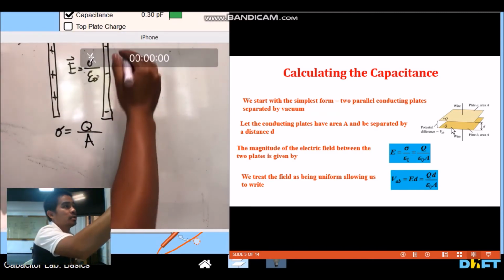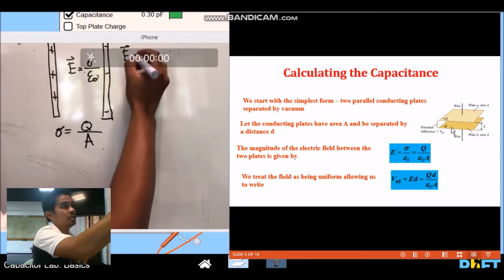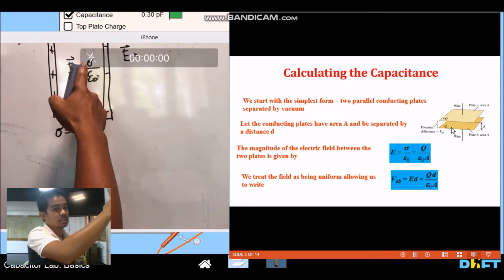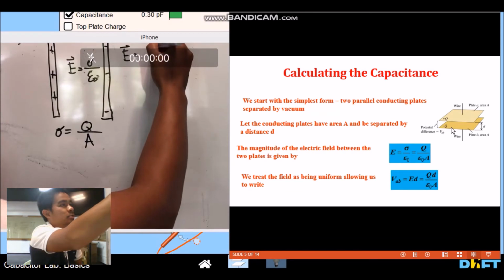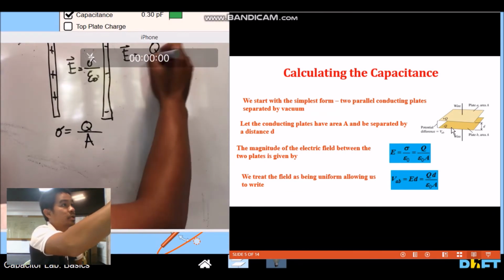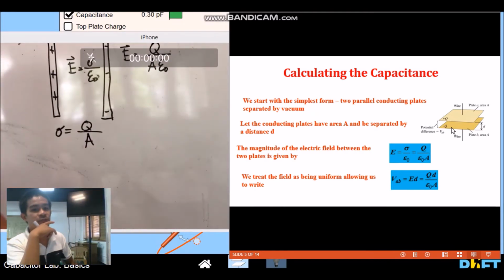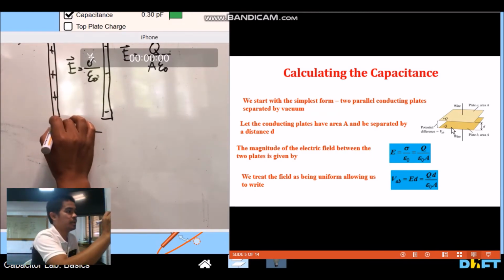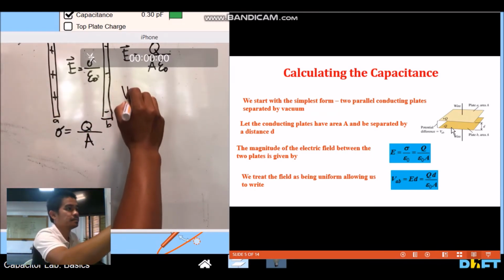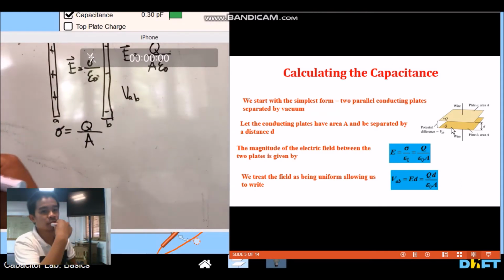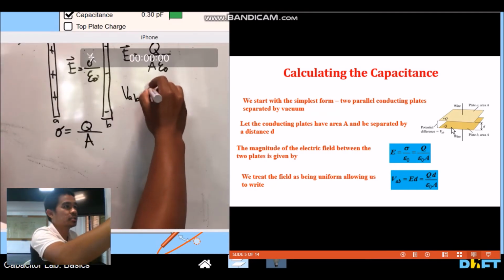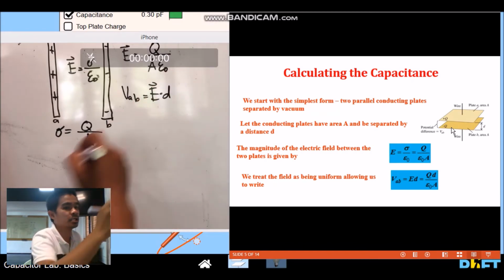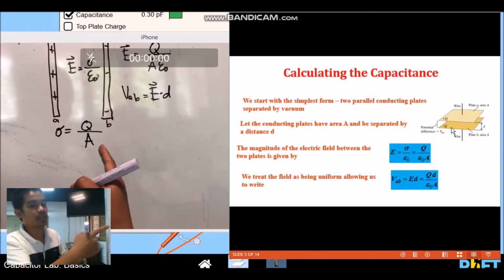Okay, I will replace the areal charge density by charge per area. Then we have charge per area per permittivity of free space. And we know that if this is plate A and plate B, the voltage difference between plate A and plate B is given by the electric field times the distance between these two plates.